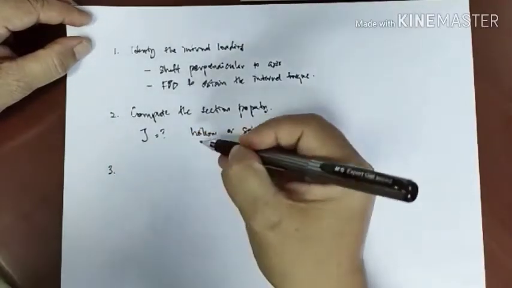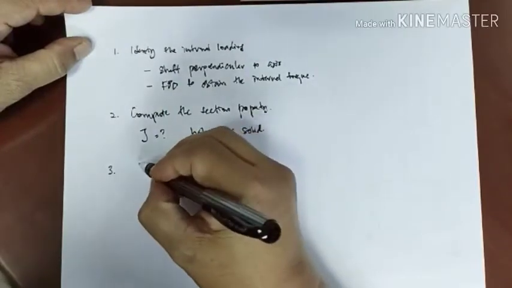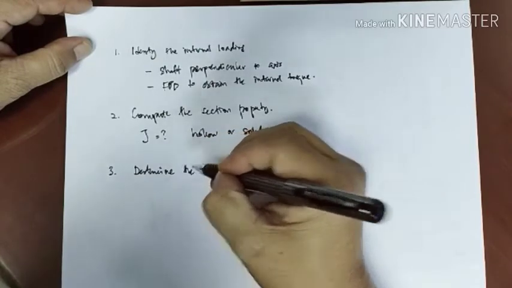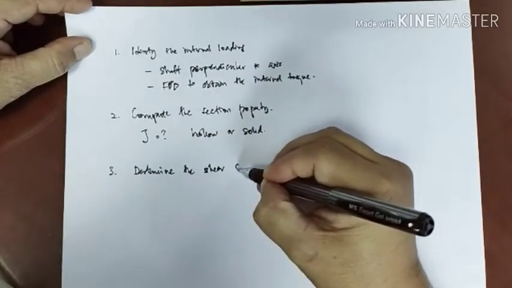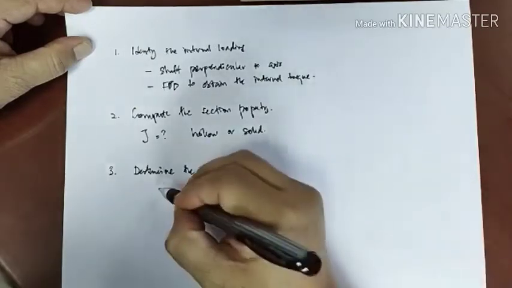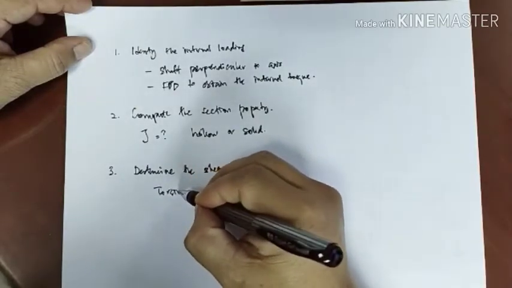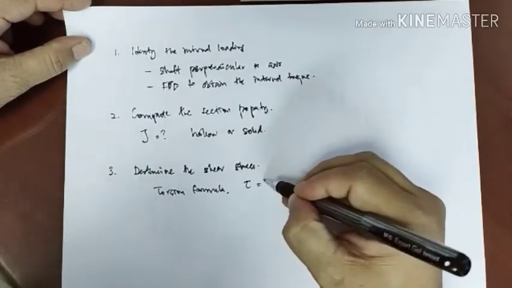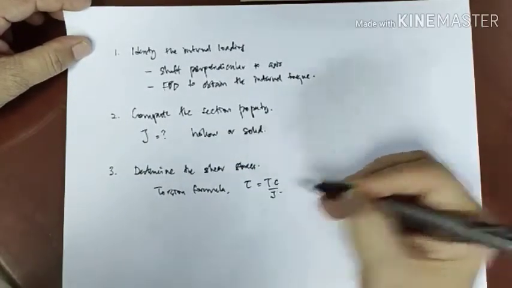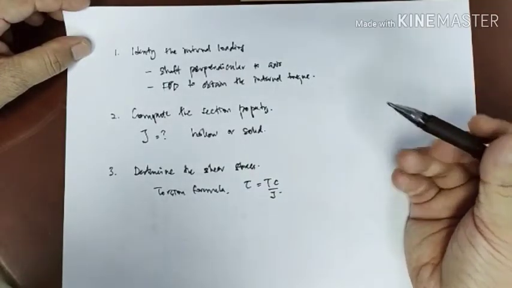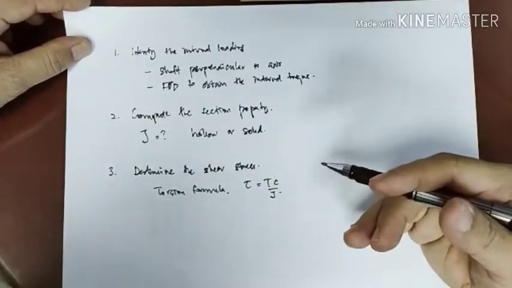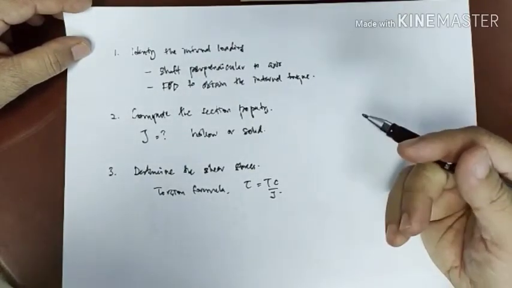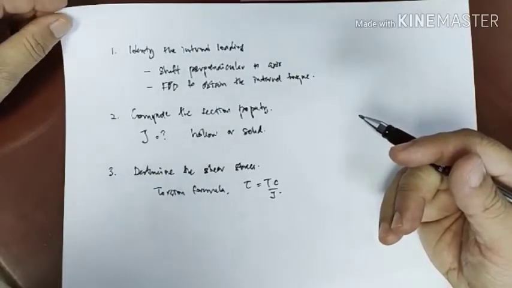And then the third one, we proceed with the determination of shear stress by using the torsion formula, T over Z. So these are the three steps that could assist you during your problem solving.